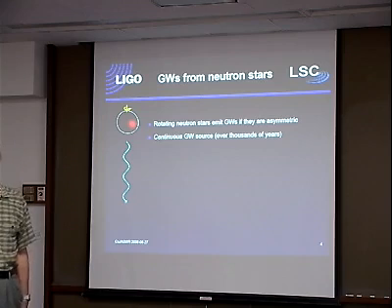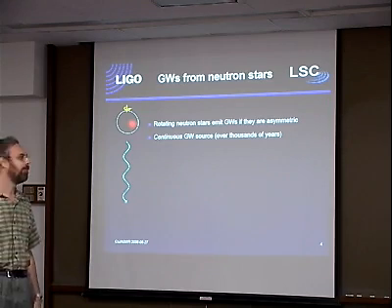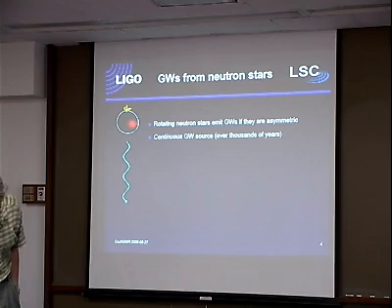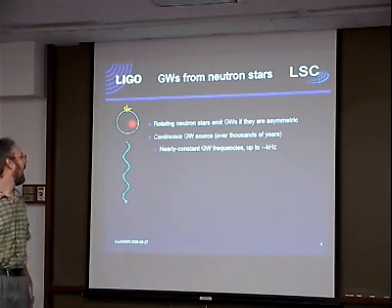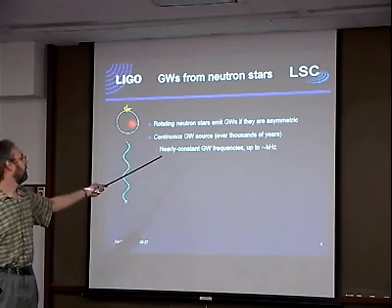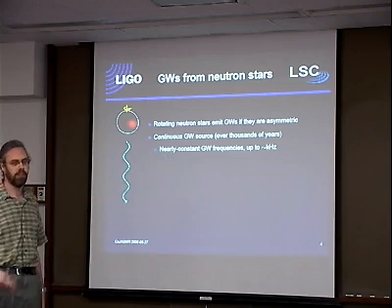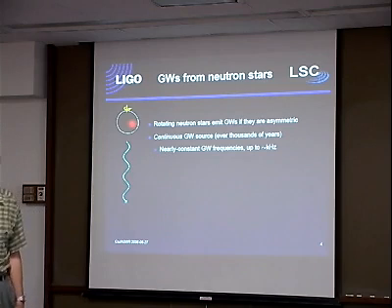For LIGO, these will be a continuous gravitational wave source. They typically last for thousands of years. So from the LIGO context, they are always on. They are at a very nearly constant frequency, where the gravitational wave frequency is up to a kilohertz or more, maybe one or 2 kilohertz.